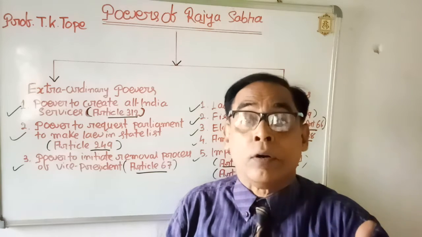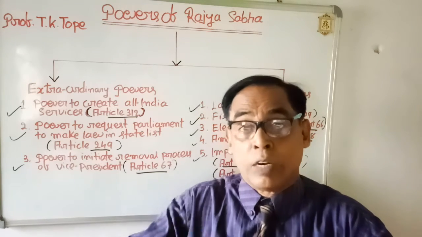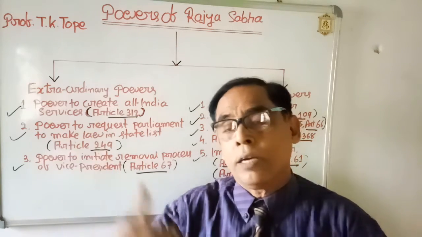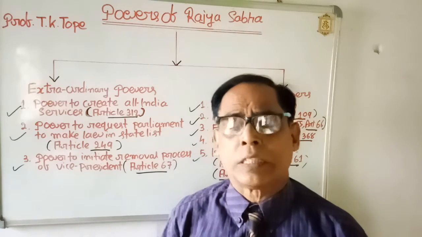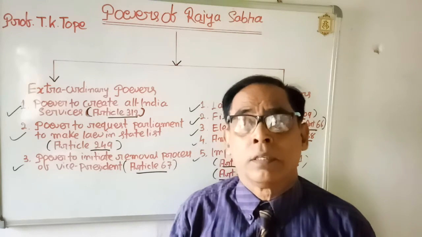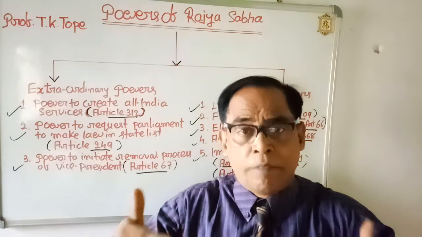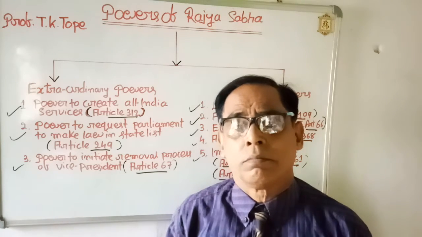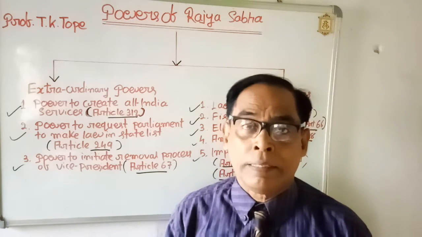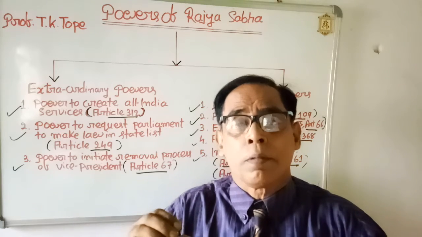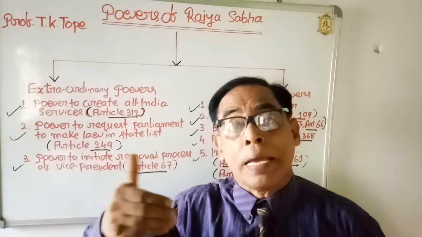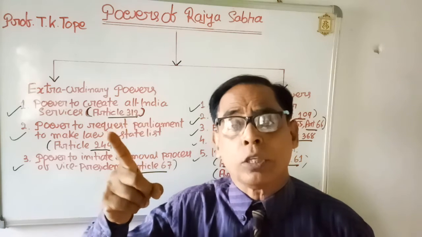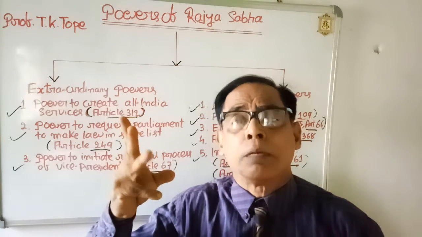Its nominating system is influenced by the Constitution of Ireland, and its powers provision have been borrowed from the British Constitution. So Rajya Sabha is influenced mainly by American Constitution, Irish Constitution and the British Constitution.